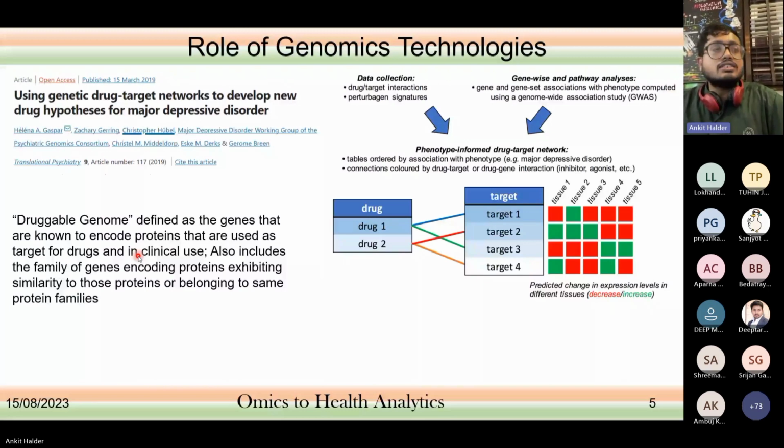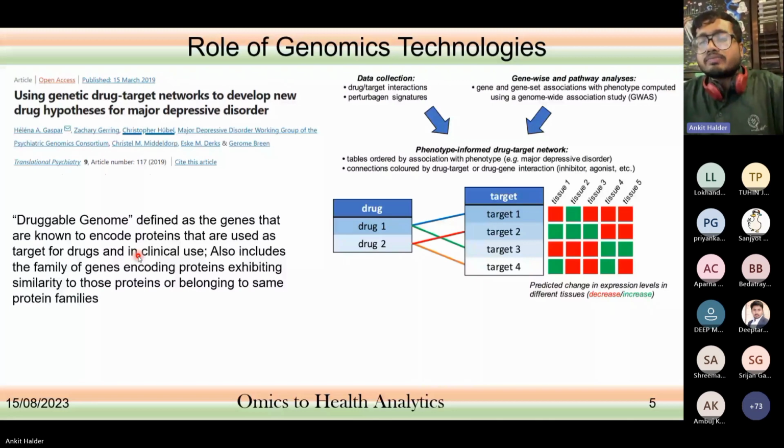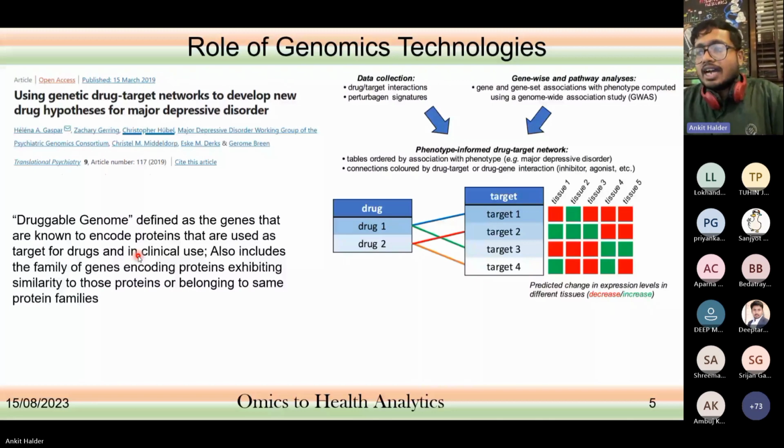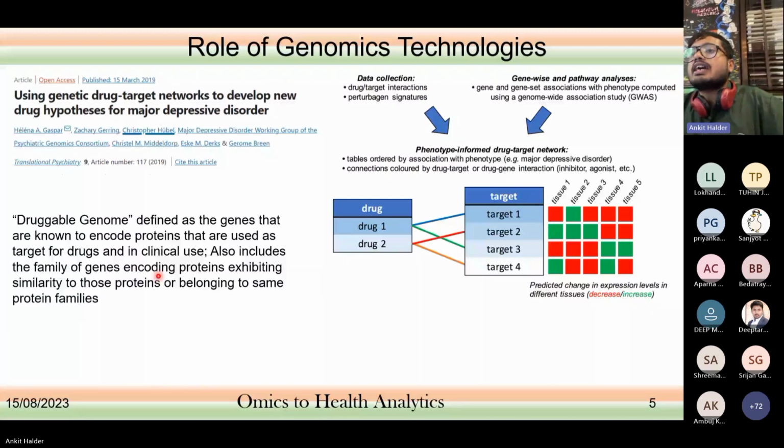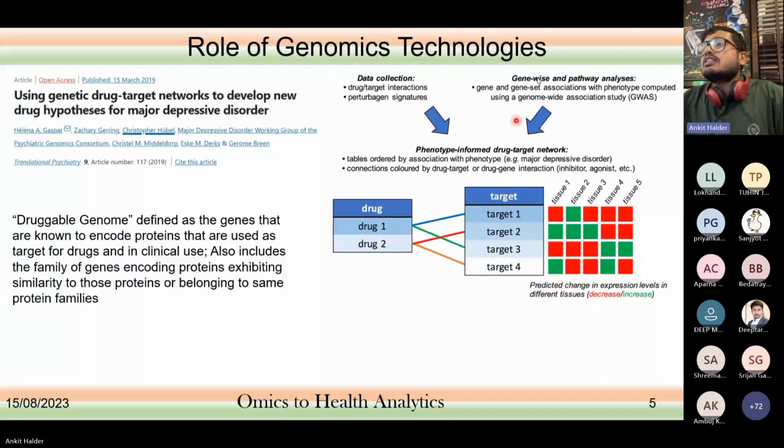So which parts of the genome are related to those proteins already used in clinical trials, or how can we find genes coding for proteins structurally similar to those regions already used or belonging to those families? That gave the concept of the druggable genome. How it was done is that they used drug target interaction, then gene-wise and pathway analysis, and GWAS studies of the genome.